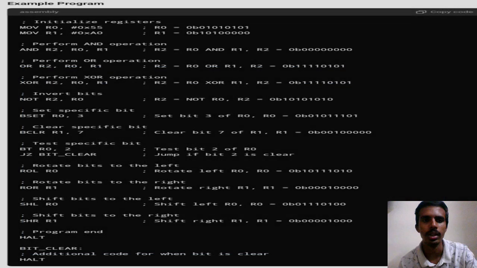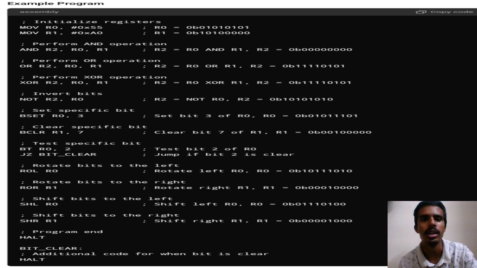So that was the question, and this is the answer to it. First we can see the above two instructions would be initializing the registers, that is MOV R0 with the immediate value 055H and then MOV R1 with 0A0H. So this is where the initialization of the registers has taken place, and we can see the values of R0 as well as R1.